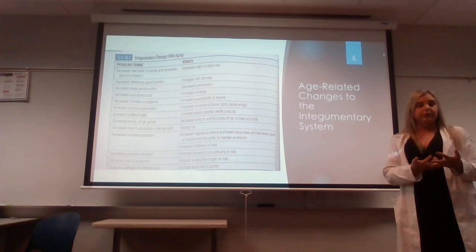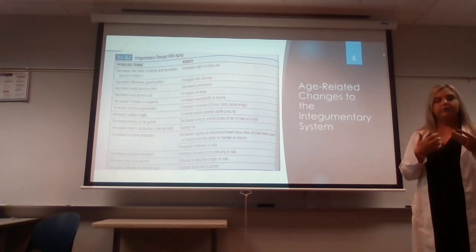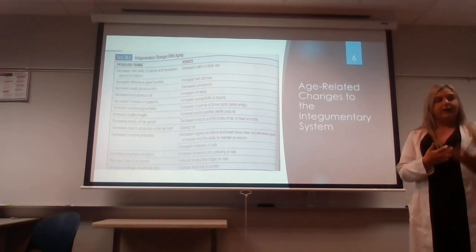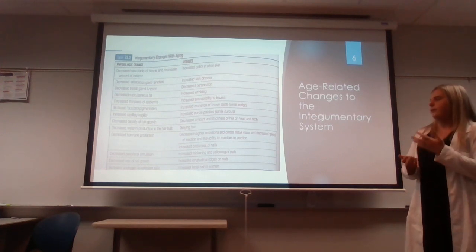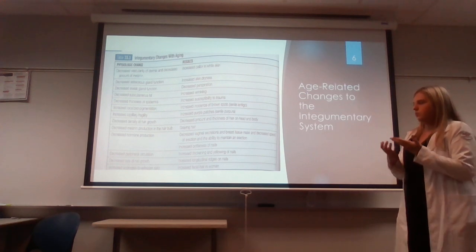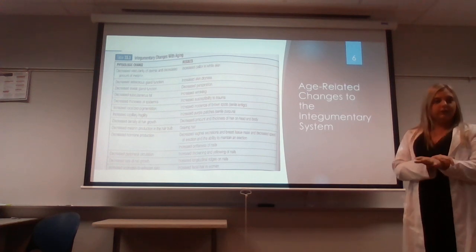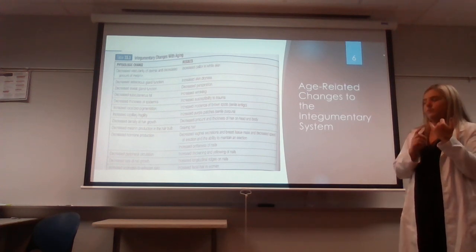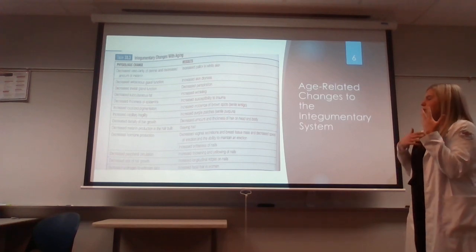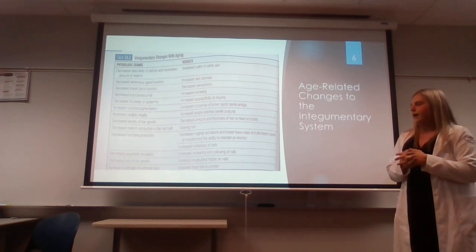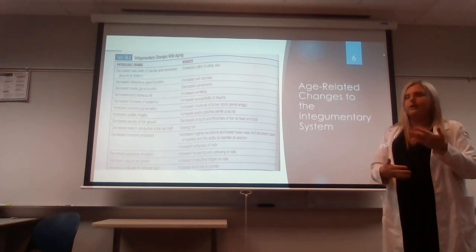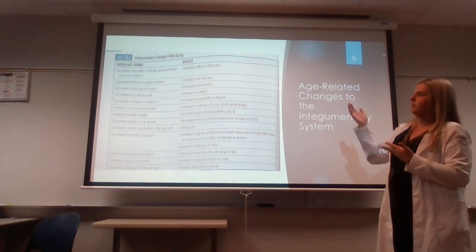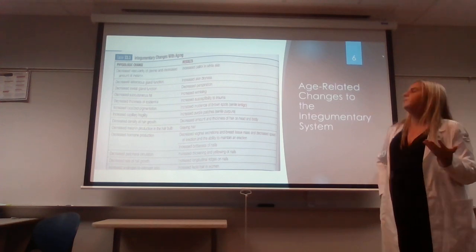The decrease in melanin production is going to cause the graying of the hair. And the peripheral circulation issues will cause your nails to thicken and cause yellowing. There are so many issues that can be caused by aging in the integumentary system.